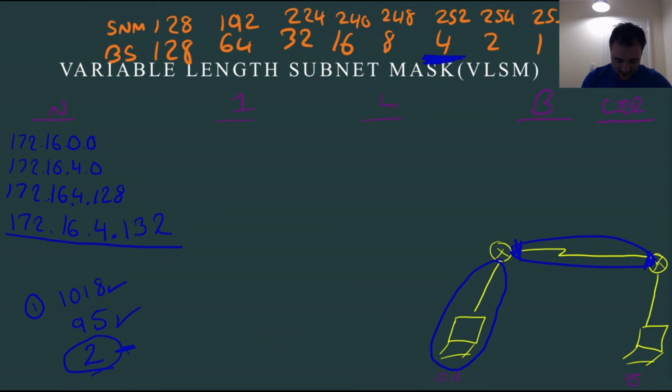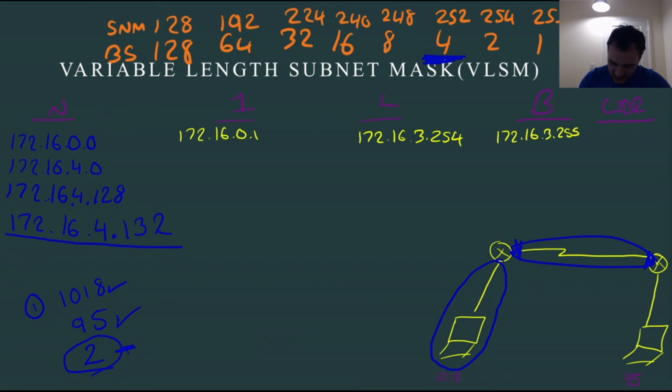So 172.16.0.0, 172.16.0.1, broadcast 172.16.3.255. Nope. Yes. 172.16.3.254. And we said this here, we're using the block size of 4, subnet of 252.